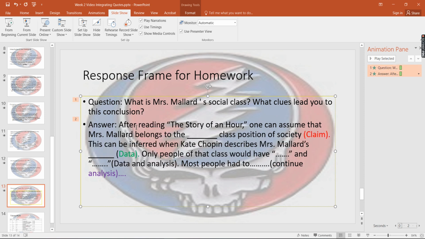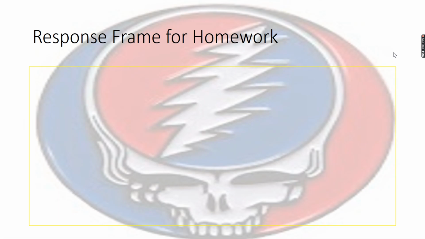After reading the story of an hour, one can assume that Miss Mallard belongs to the blank class position of society. This can be inferred when Kate Chopin describes Miss Mallard's blank. Only people of that class would have, quote, blank, blank, blank, and blank. Most people had to blank, blank, blank, blank, blank, blank, blank. That's all analysis. All right, you'd continue onward with analysis.